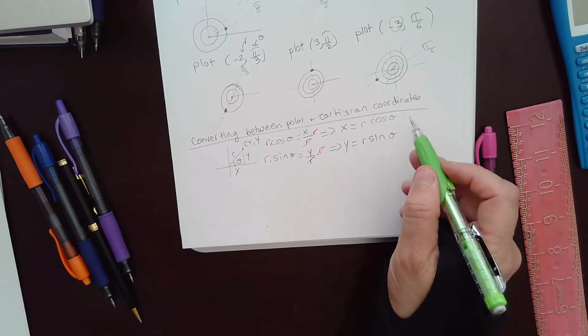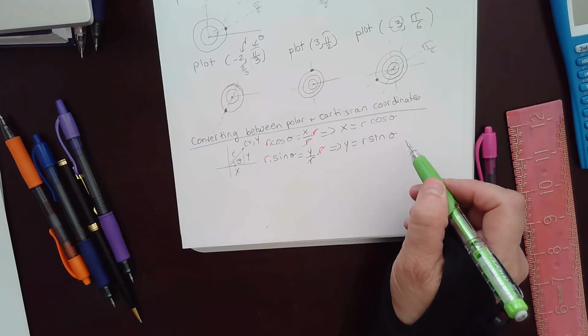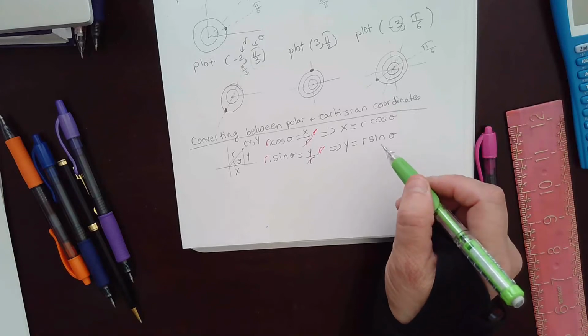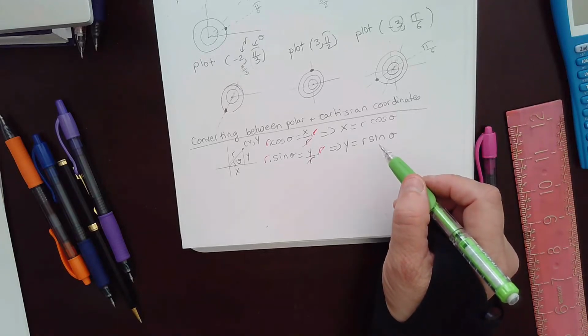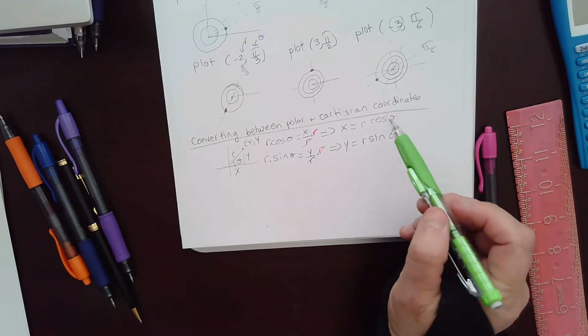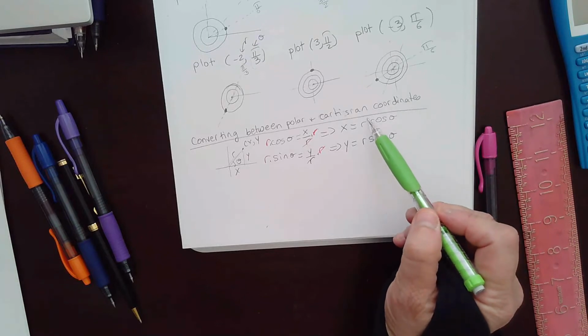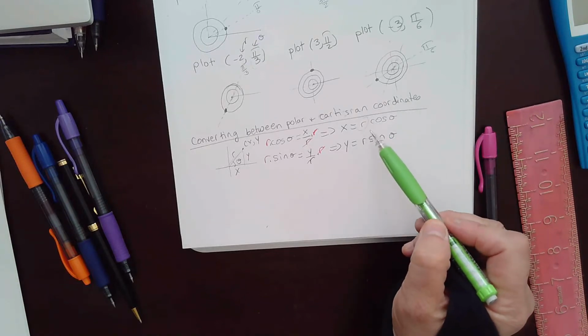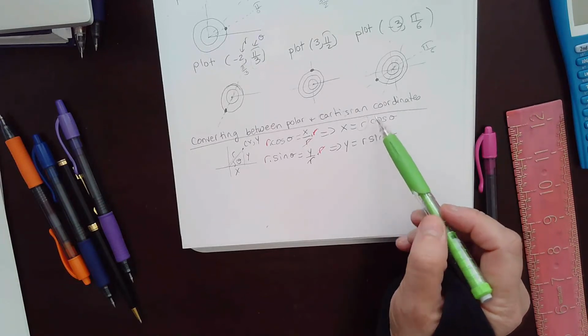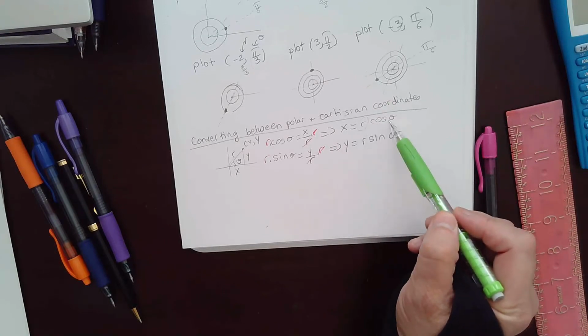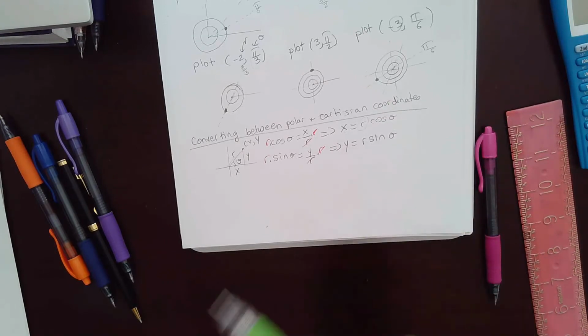So this is a relationship between x, y, and r, theta. So if you have a polar point where you know r and theta, you can immediately find x and y.